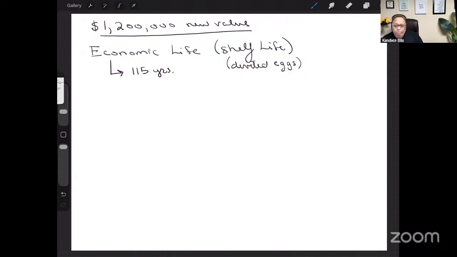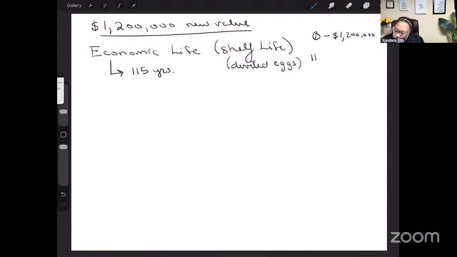So once you know the economic life, what you can do is you're saying, hey, every single year you're losing the same amount of money, so that in year one, when it's new, this thing is worth $1,200,000.